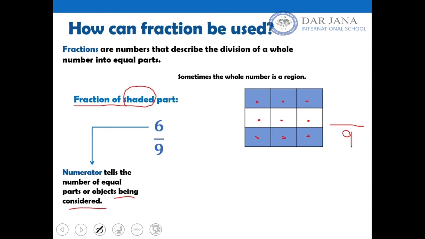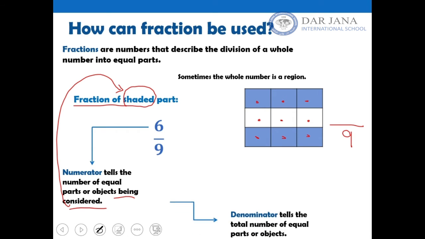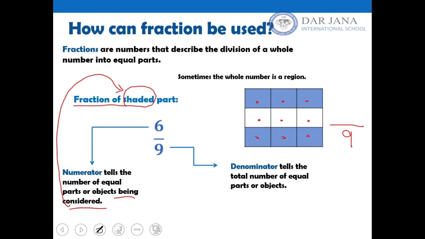In the question, they want the shaded. And the 9 will be the denominator, which tells the total number of equal parts of an object. It's better to identify the denominator before you start so that you will not be confused. Remember, the denominator has to be the total number of equal parts every time.